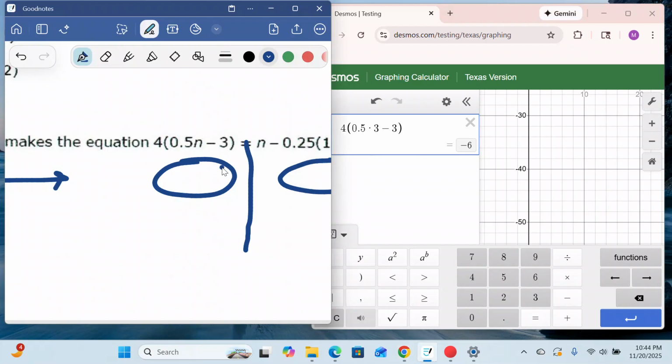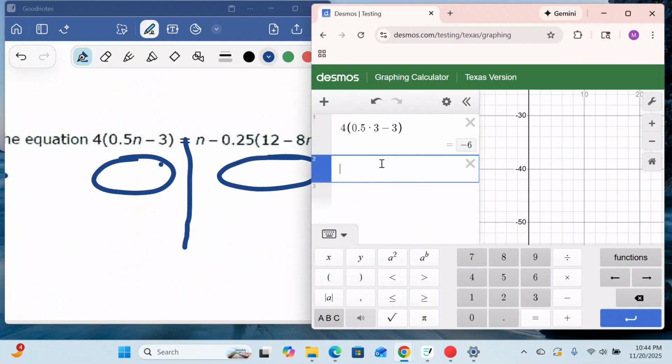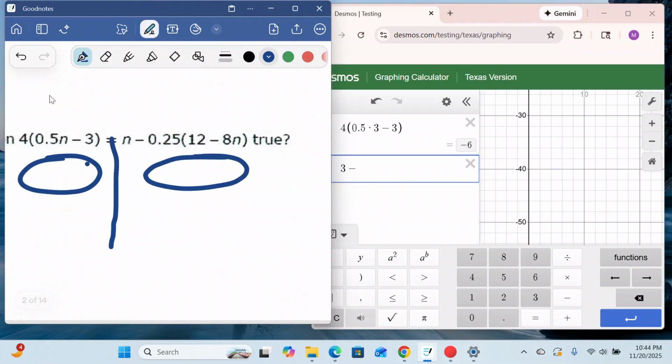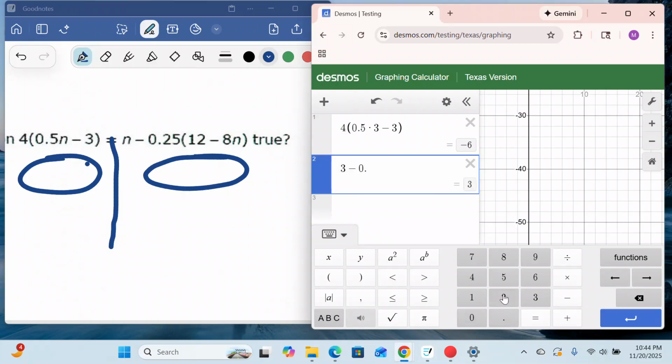I'm going to do the same thing to this side, and put it in column number 2. Remember that I'm testing 3, so the n is always 3. So I'm going to go 3 is my n, minus 0.25, and then I open my parentheses, 12 minus 8 times n, and what is the n we're testing? 3.